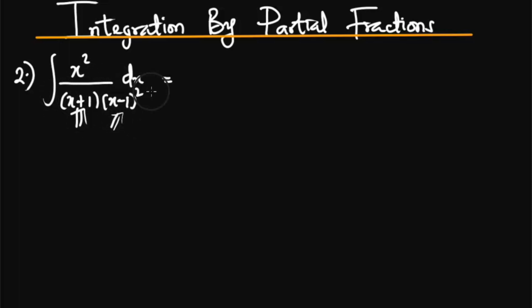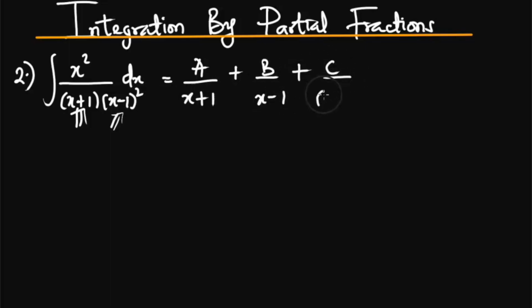To split that into partial fractions, we're going to have A over x plus 1, we are done with this factor. And for the one that has the square, we're going to have a constant B over x minus 1 first, and then another constant C over (x minus 1) squared.